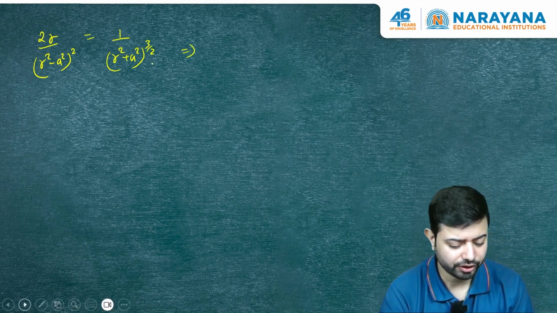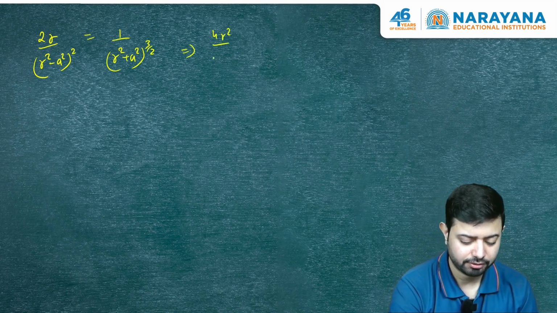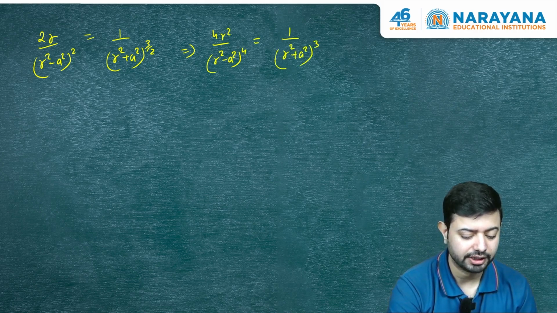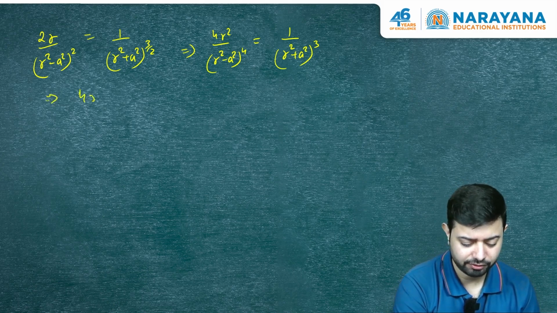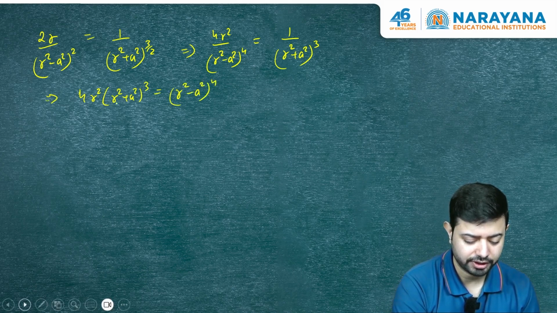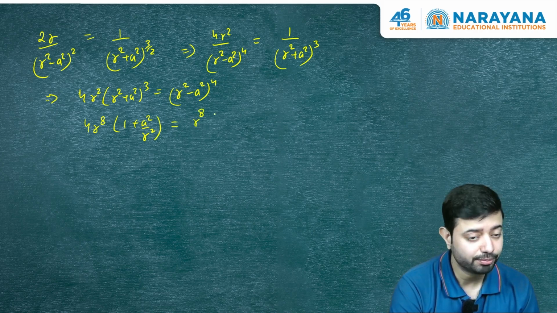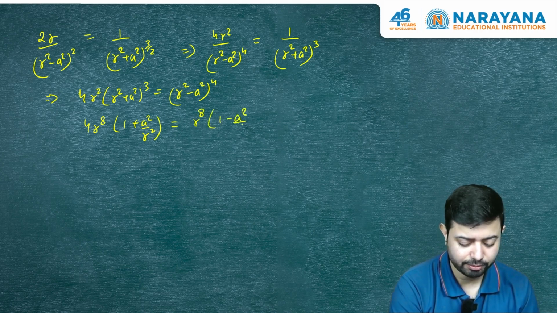Let us do one thing, square on both the sides. So, 4r square by (r square minus a square) raised to the power 4 is equal to 1 upon (r square plus a square) raised to the power 3. Let us cross multiply, this will become 4 r square (r square plus a square) power 3 is (r square minus a square) power 4. Take r square to be common out, 4 r to the power 8, this will be (1 plus a square by r square) power 3, and over there r to the power 8 again (1 minus a square by r square) power 4.